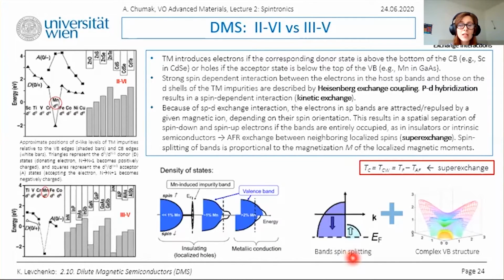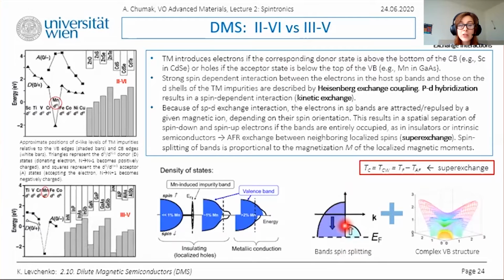That results in a spin separation into spin down and spin up electrons. If the bands are entirely occupied, as in an insulator or intrinsic semiconductor, this in the beginning leads to antiferromagnetic exchange between neighboring localized spins, superexchange, and the spin splitting of bands is proportional to the magnetization M of the localized magnetic moments.